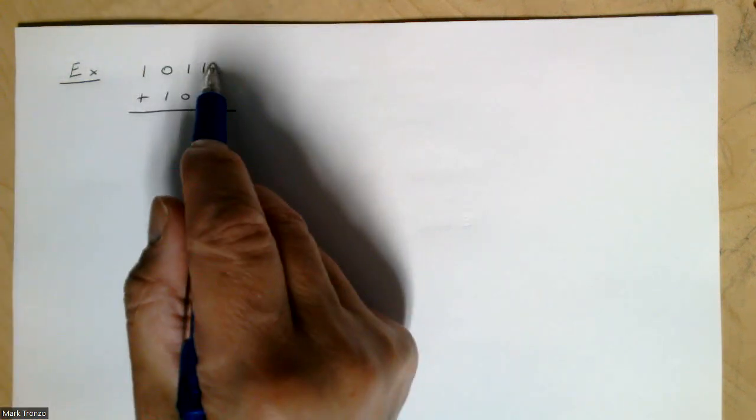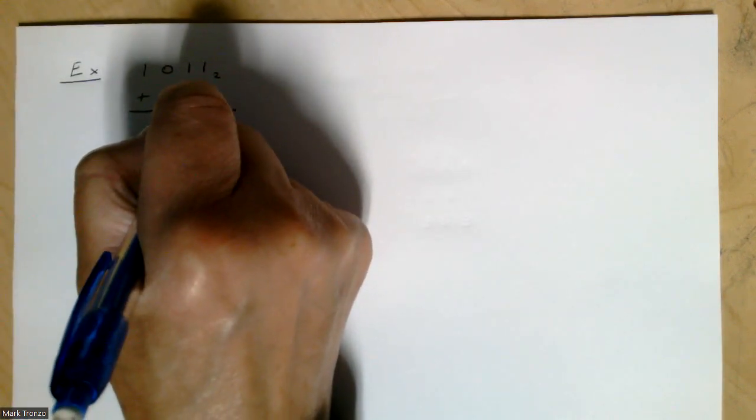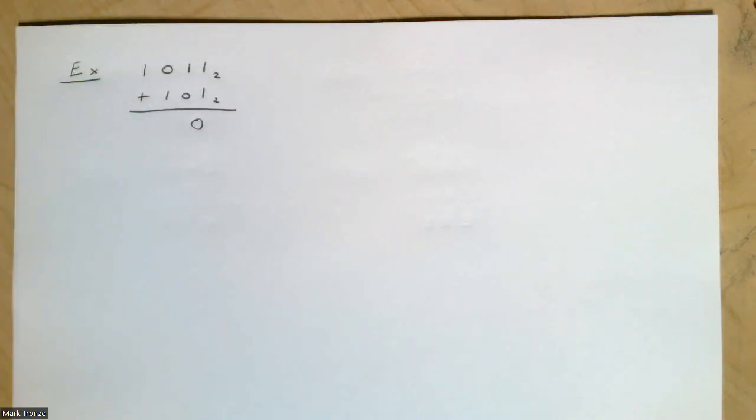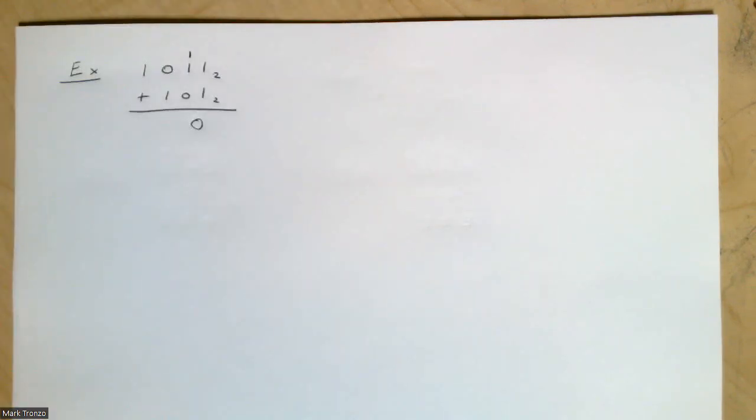So again, over here, if we're adding these two together, you're going to get a 2. But of course, the most you can have is 1, so you have to carry over that 1 over to here.